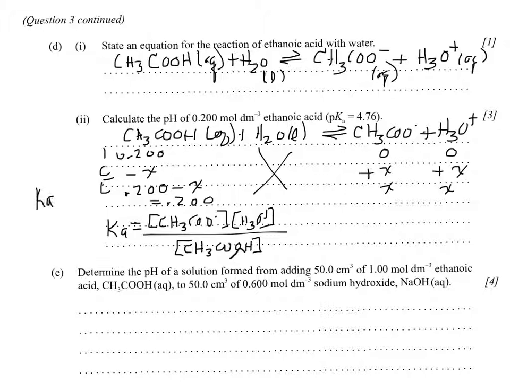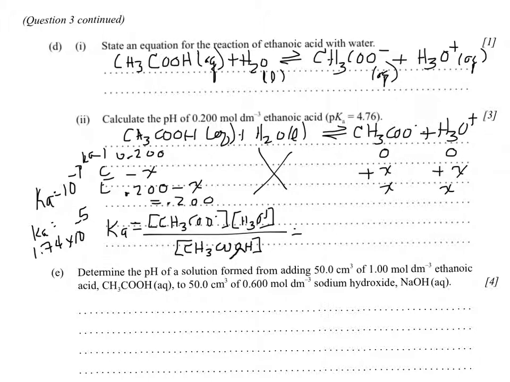Your Ka is going to be 10 to the negative pKa, so Ka is equal to 1.74 times 10 to the negative fifth.